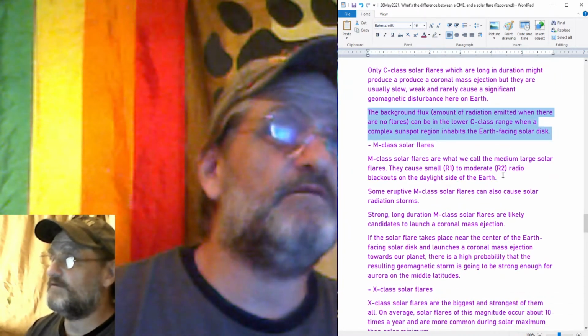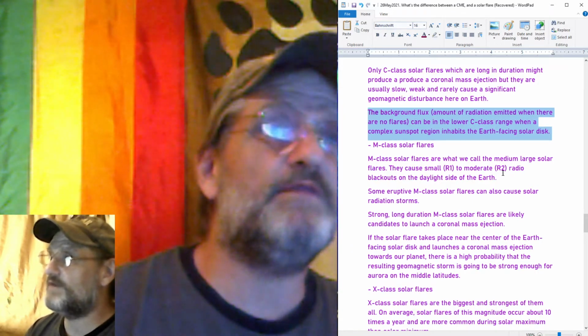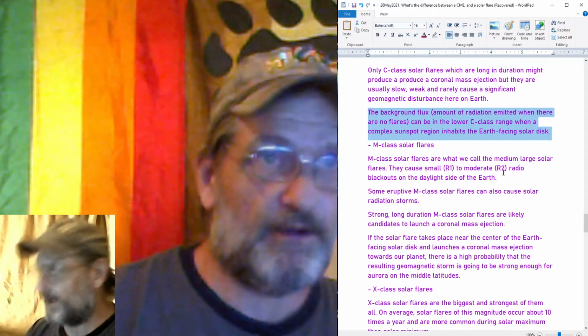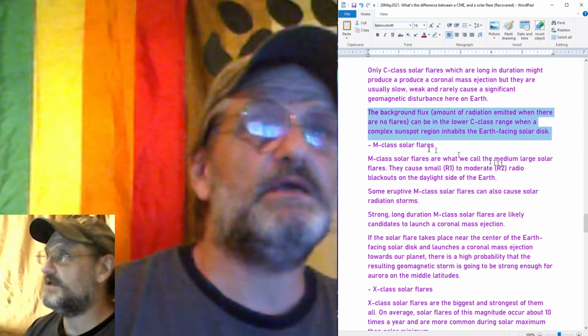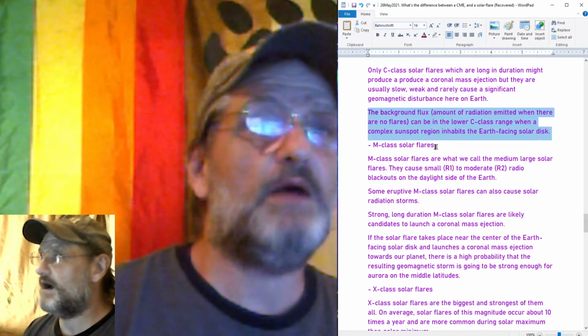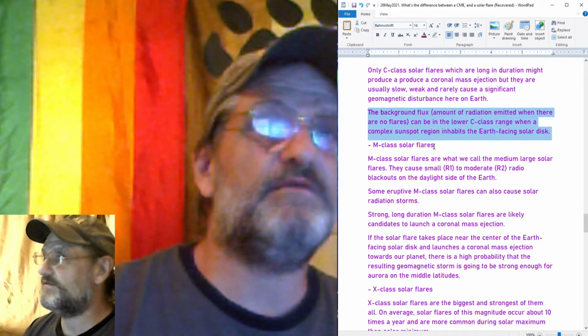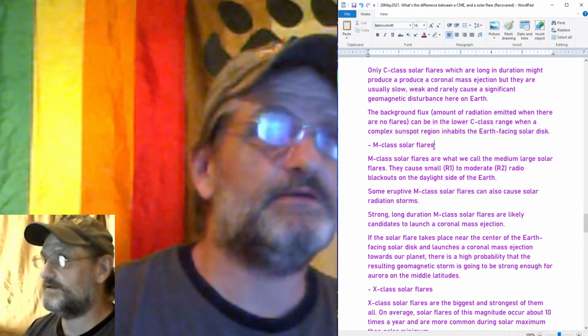The background flux, which is the amount of radiation emitted when there are no flares, can be in the lower C-class range when a complex sunspot region inhabits the Earth-facing solar disk.